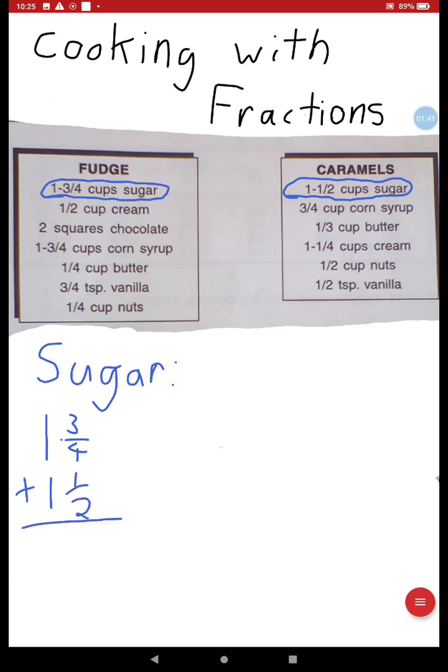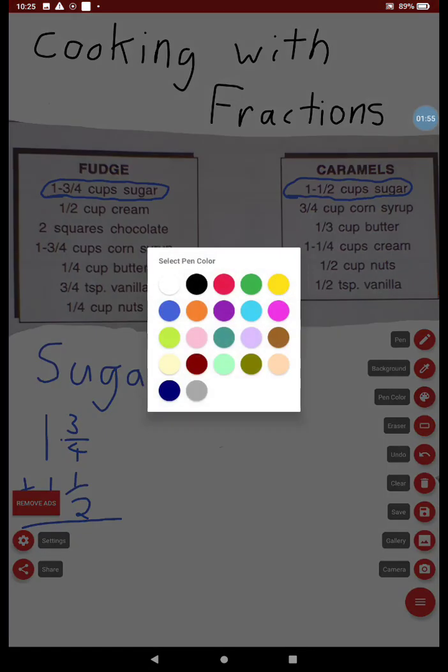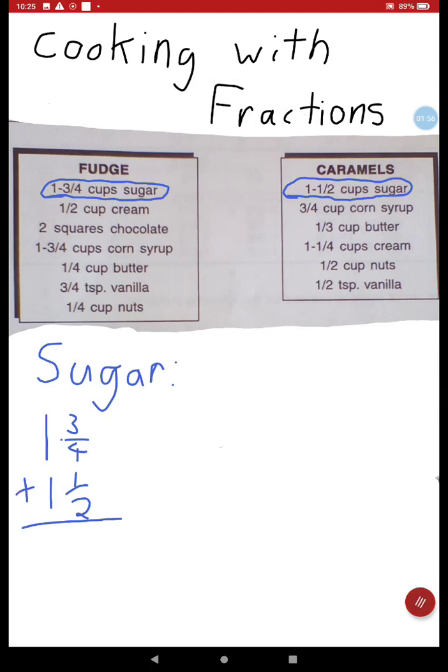All right, now, before I can actually add them together, I need to have a common denominator. So look at your tens chart. Is there a common denominator between 2 and 4? Very good. It's going to be 4. So let's rewrite the problem. 1 3/4.